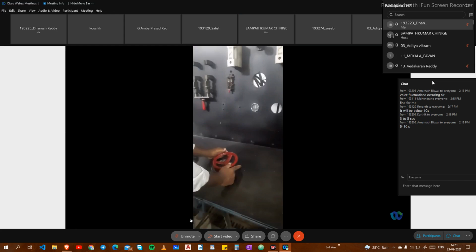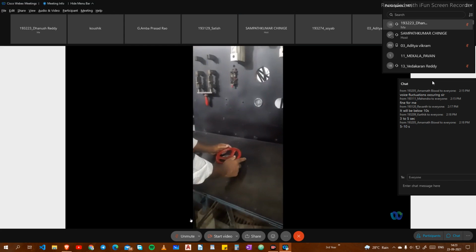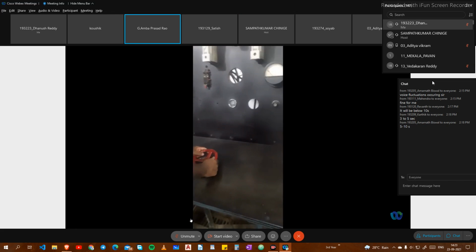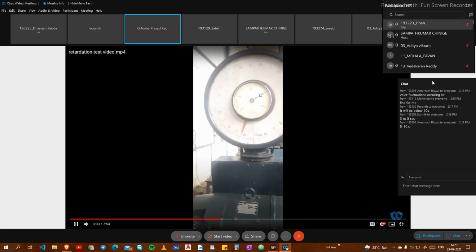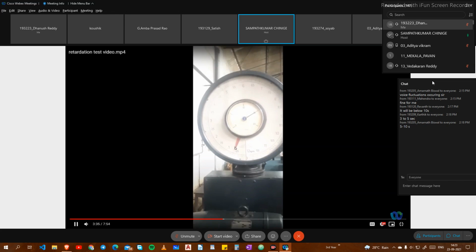Observe the outer dial reading also. The inner dial reading is recording the speed, the outer is torque. This is the speed, this is torque.